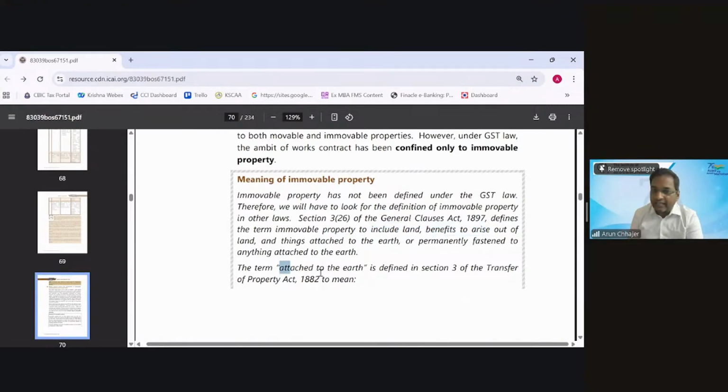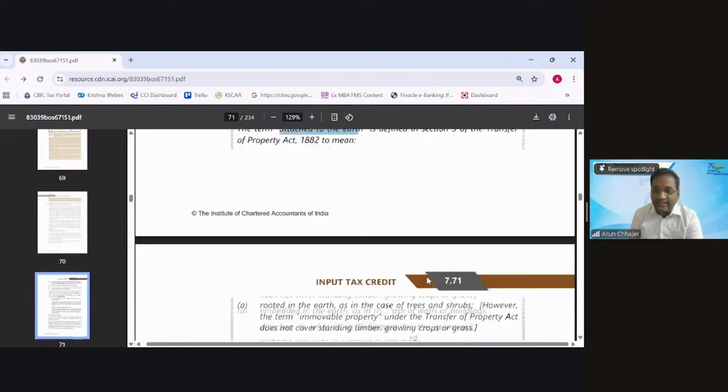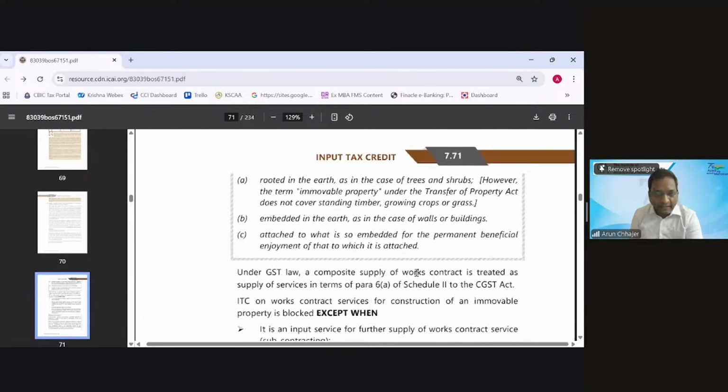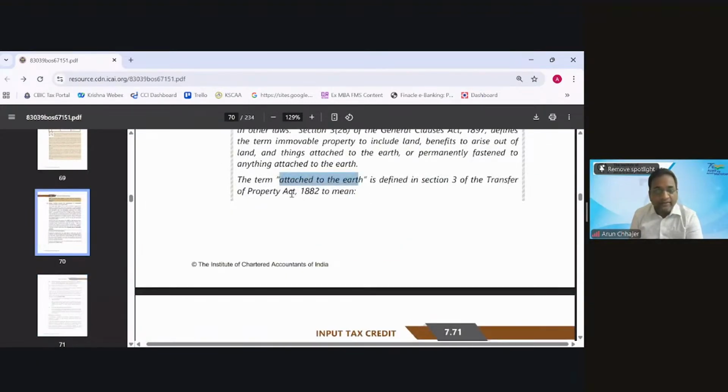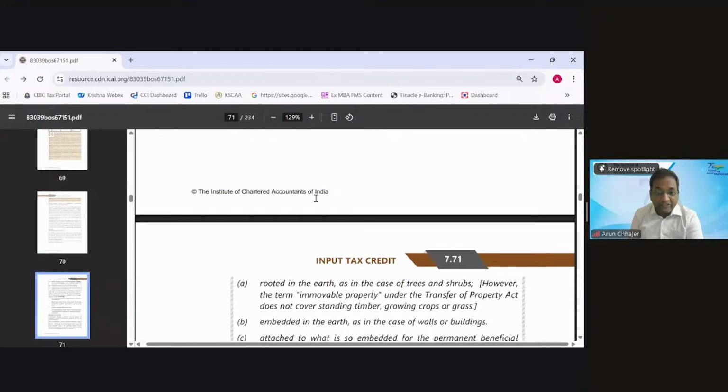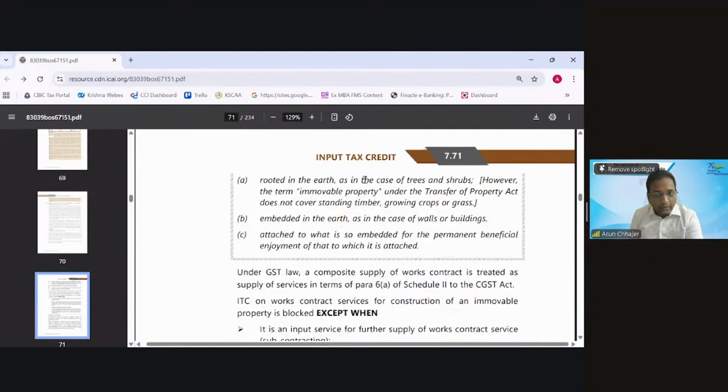The term attached to earth is defined in section 3 of the TP Act, Transfer of Property Act, meaning rooted in the earth, as in the case of trees and shrubs. However, immovable property as defined in the TP Act does not cover standing timber, growing crops or grass. It includes things embedded in the earth, as in the case of walls or buildings, and what is attached to what is so embedded for the permanent benefit of enjoyment of that which is attached.